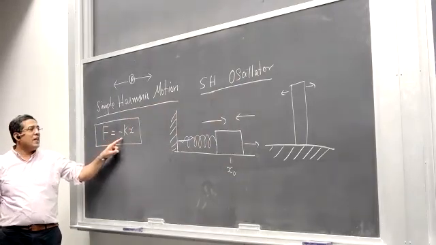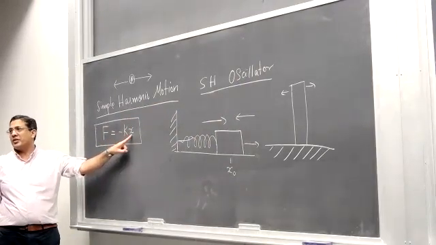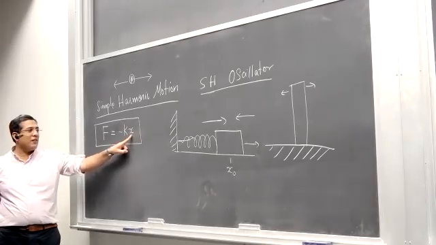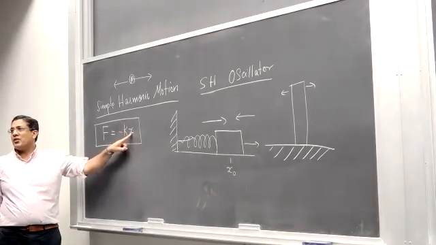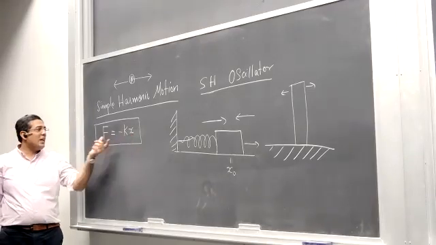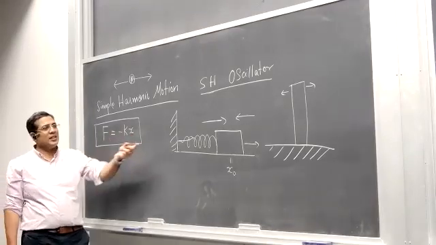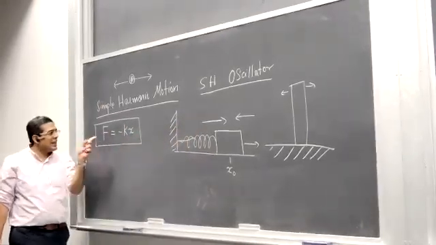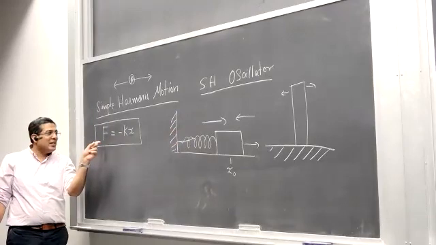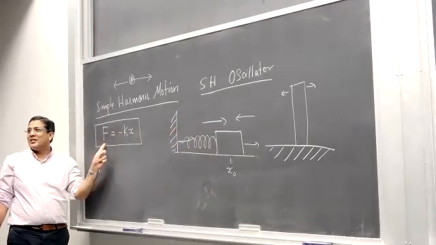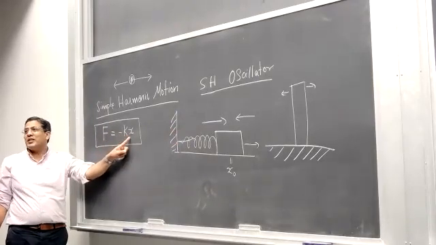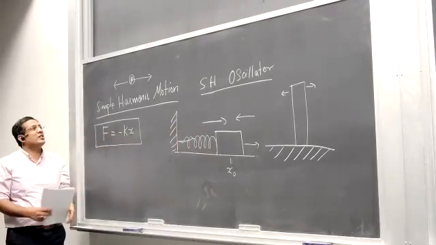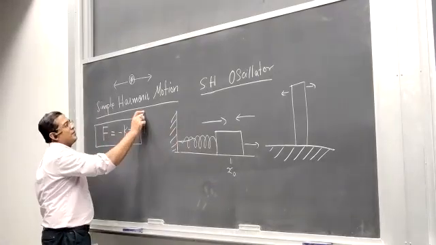It can have a very different dependence on position. Can be square of x, or any power of x, or any more detailed dependence on x. If the restoring force that is bringing these objects back to their equilibrium position has exactly this linear dependence on position, the resulting motion is called simple harmonic motion.